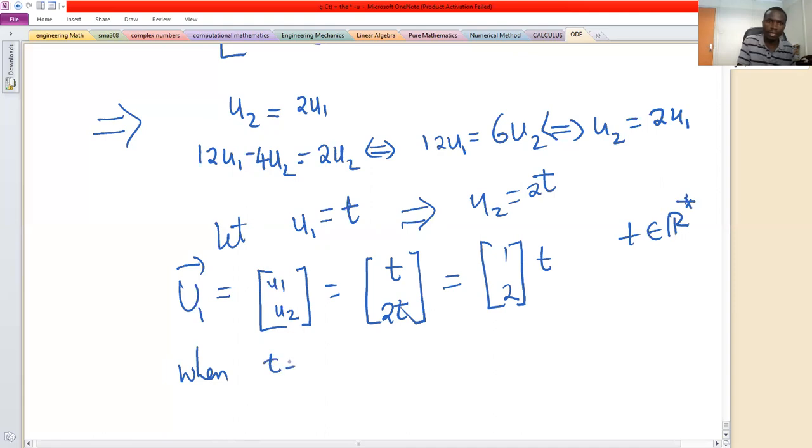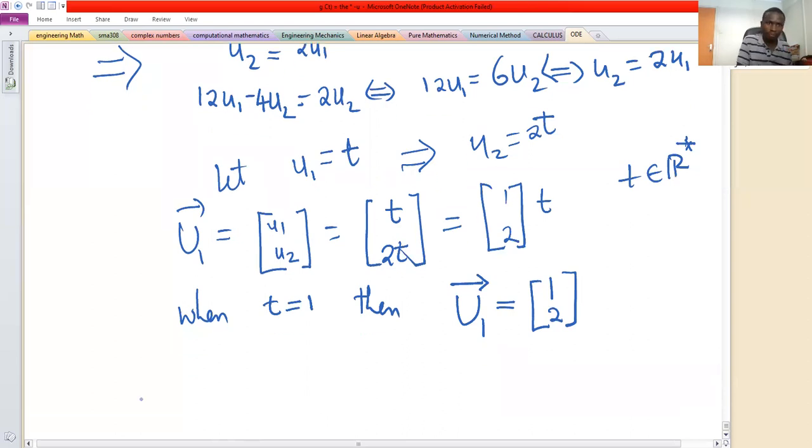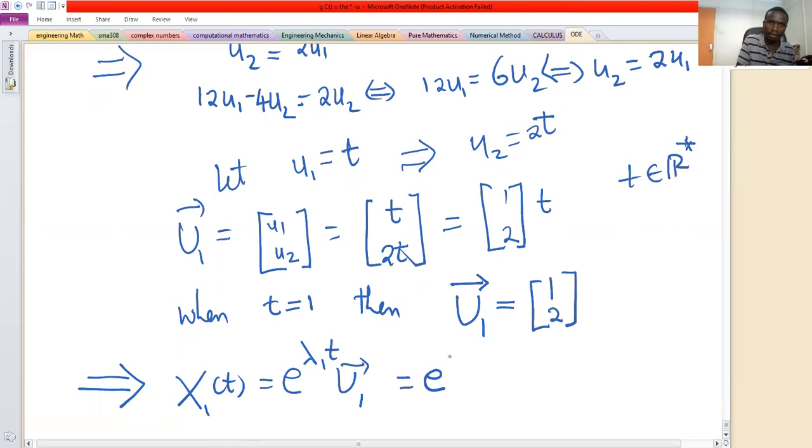So when we let T be 1, then we can take our eigenvector to be (1, 2). So x1 of t is usually given by e raised to the power lambda 1 t times U1, which will be e raised to 2t, and then this is (1, 2).